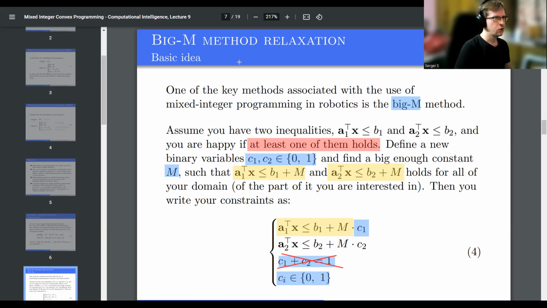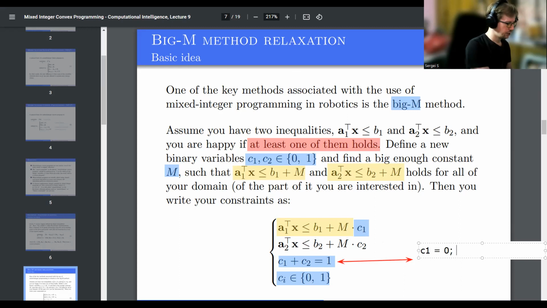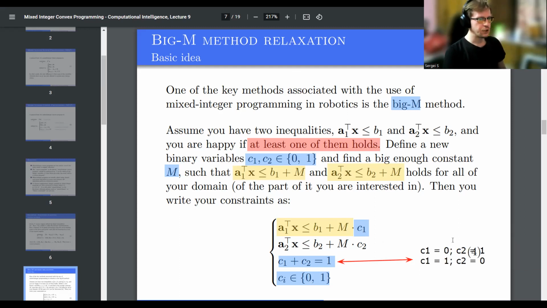But because of this constraint, we now only have 2 options. Which are those options? C1 equal to 0, C2 equal to 1, and C1 equal to 1, C2 equal to 0. Only 2 options are available now.